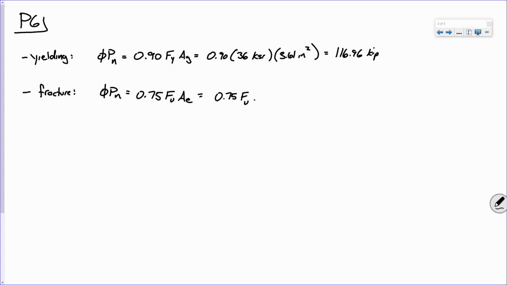I calculate that by taking the net area and multiplying it by this value U. I'm going to explain what each of those are here in a second. So far, so good? So once we get the net area and once we get U, we're golden.